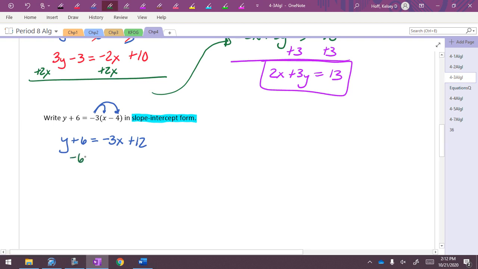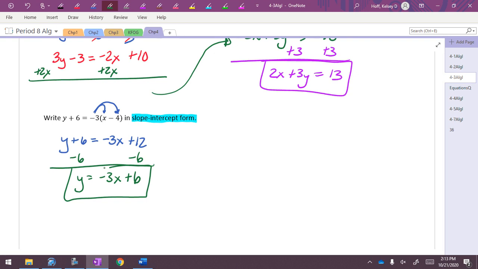Subtract 6. Am I going to subtract 6 from negative 3x or from 12? 12. So I'd end up with y equals negative 3x plus 6. Then what should I do? Bingo. That is absolutely it. How do you know you're in slope intercept form? Y is by itself with a positive 1 coefficient.